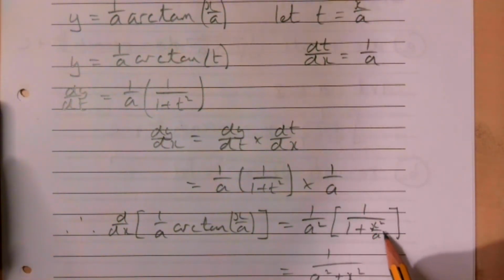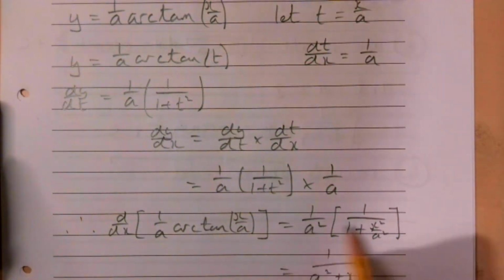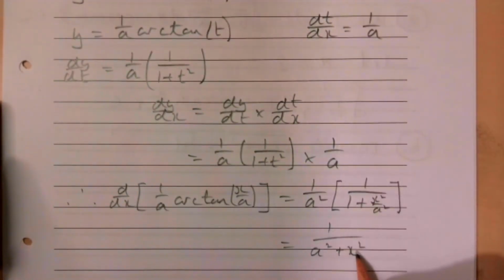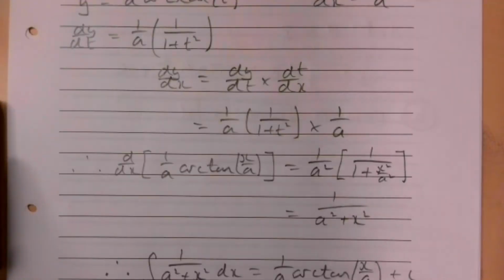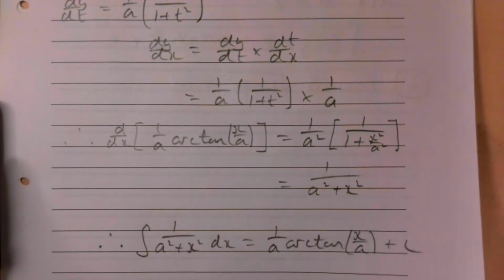So what have I done there? I've changed my t back to x over a for that bit. Multiplying through by a squared along the bottom line, that turns to an a squared, that cancels that a squared, so I then just get a squared plus x squared, and we're effectively there. This was a question: if you integrate this, what do you get? So we end up with that.